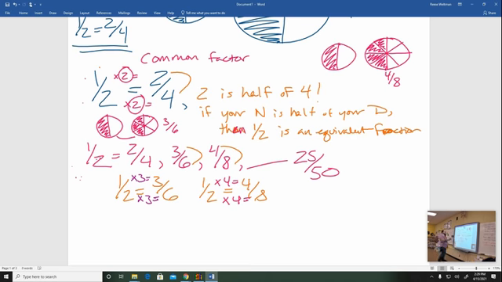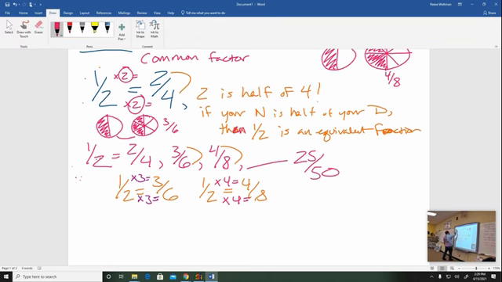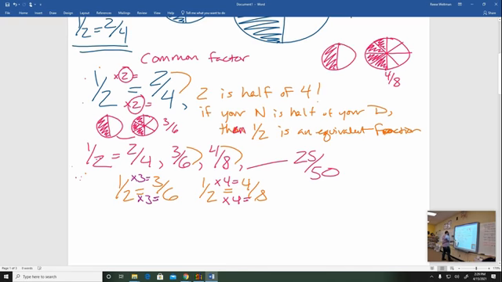But here's how we know that 25 50ths is equivalent to 1/2. Just by looking at it, we know that 25 is half of 50. Which also means that 1/2 equals 25 50ths.